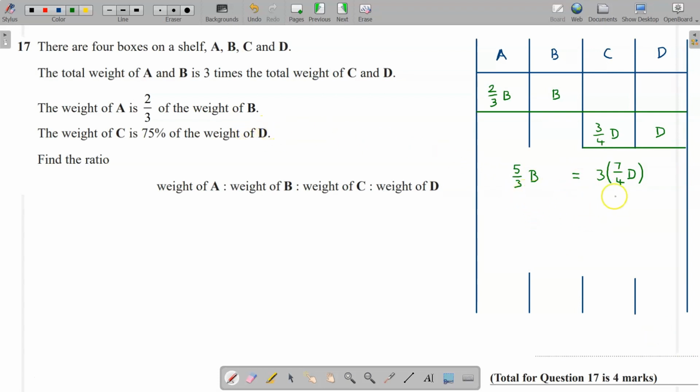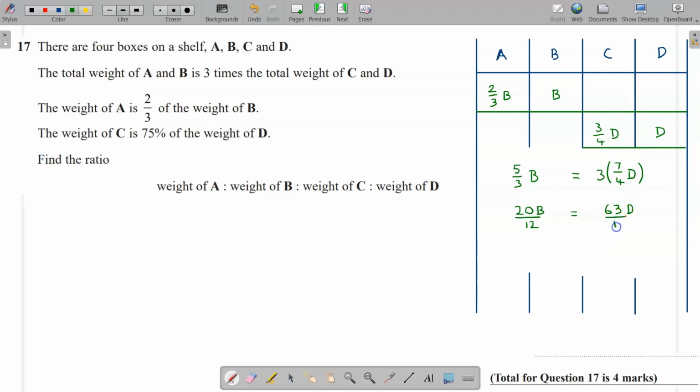So I'm going to turn these into twelfths. I have 5 times, I need to times it by 4, so I've got 20 twelfths of b, is equal to 21 over 4, which is 63 over 12 lots of d.